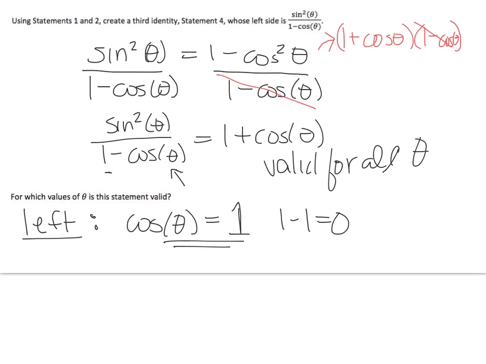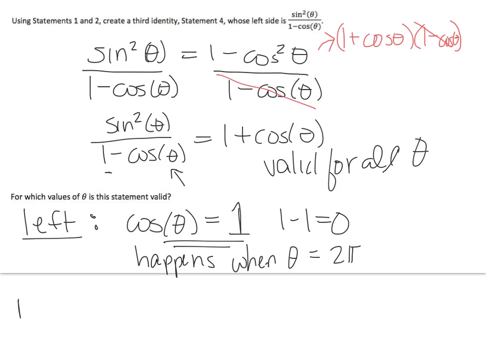So that will definitely give us problems. And cosine theta equals 1 happens when theta is 2 pi, or factors of 2 pi.